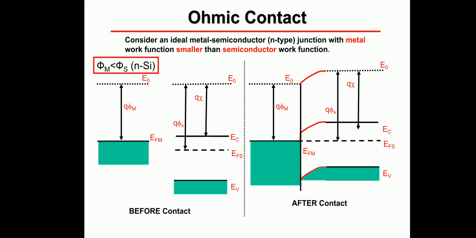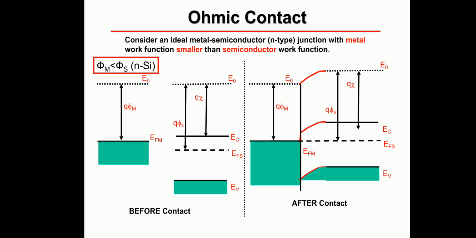So we can see what will happen if we combine these types of materials together. That means the condition is phi m less than phi s for an n-type semiconductor. In the phi m less than phi s case, the Fermi levels are aligned at equilibrium by transferring electrons from the metal to the semiconductor.